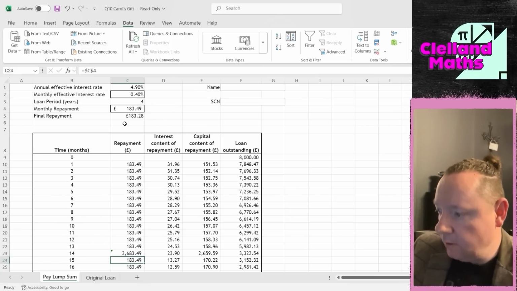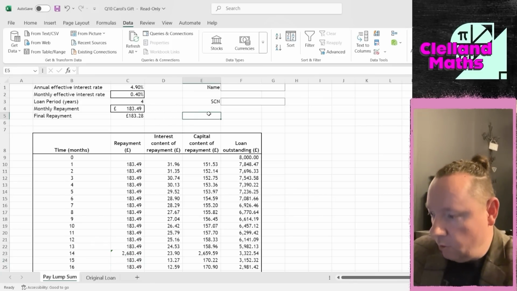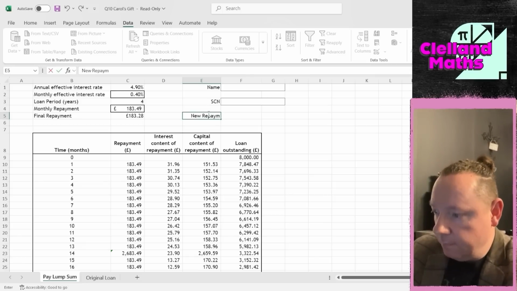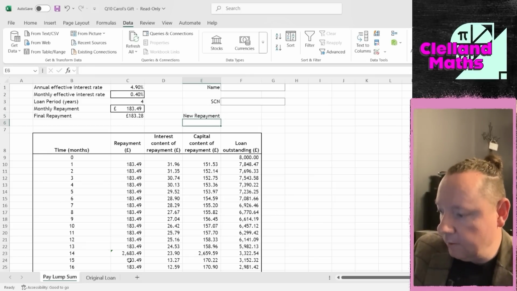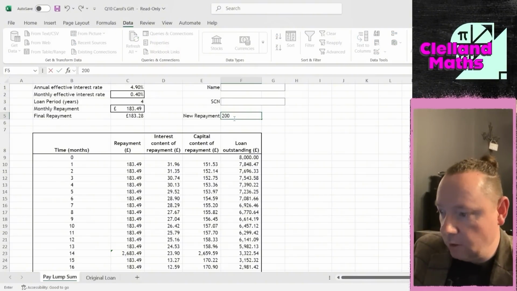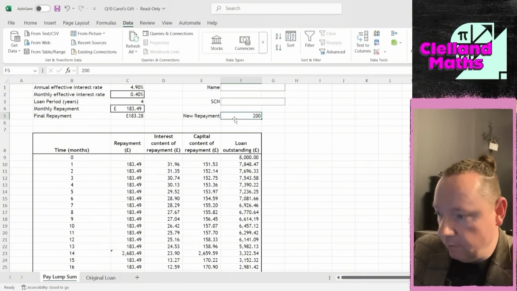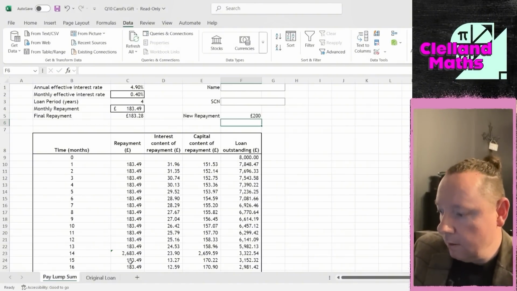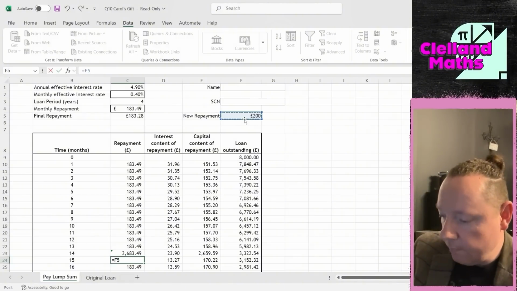So let's take a new tab, call it New Repayment. And we need to reference it from this point. So let's just goal seek this. So let's call it 200 for the sake of it. Let's make it money. So we're going to goal seek this one.